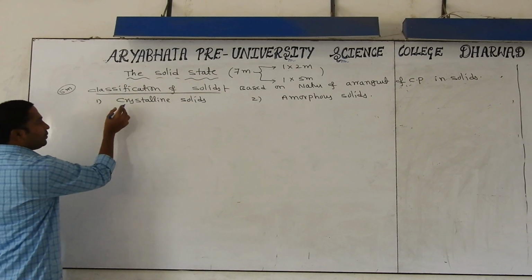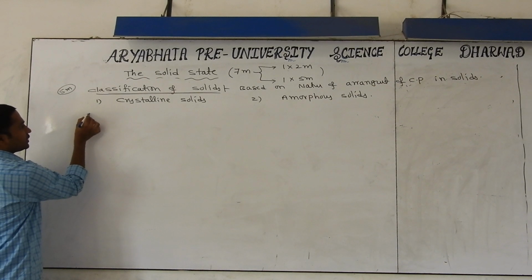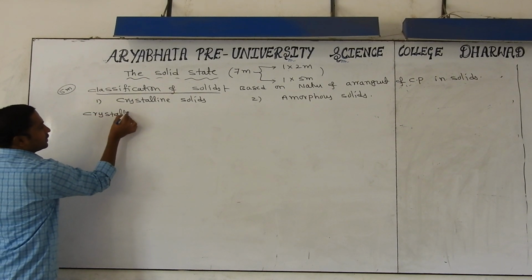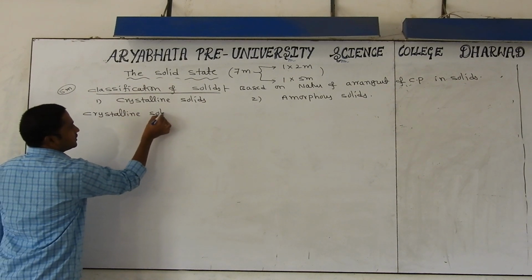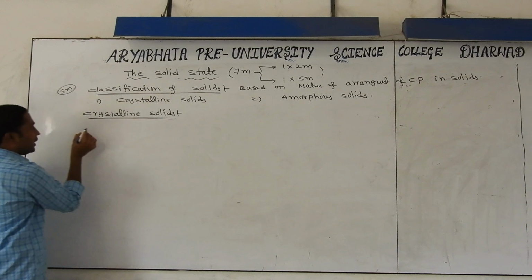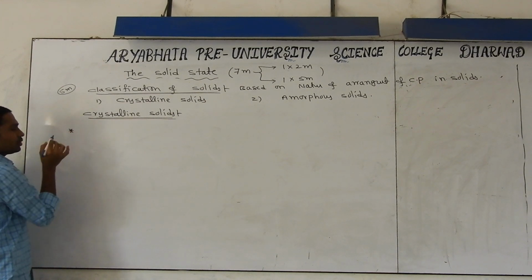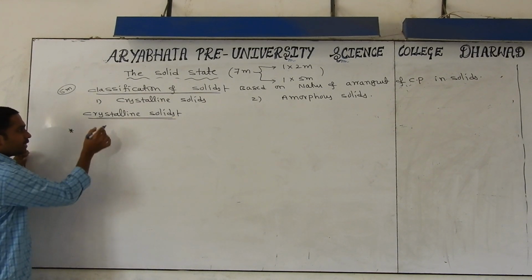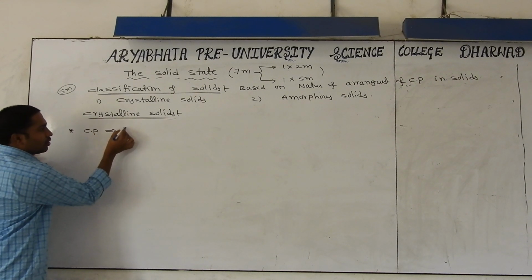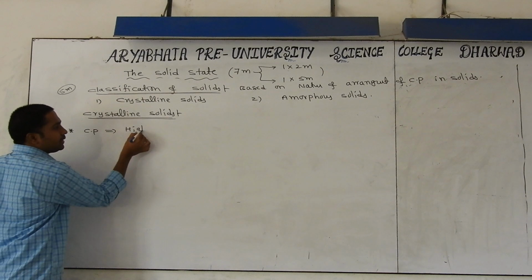First of all, we will discuss the crystalline solids. Under crystalline solids, for the first point, in case of crystalline solids, the constituent particles are highly orderly arranged.